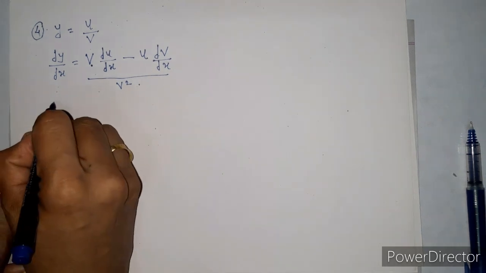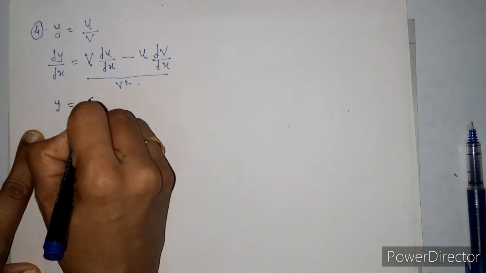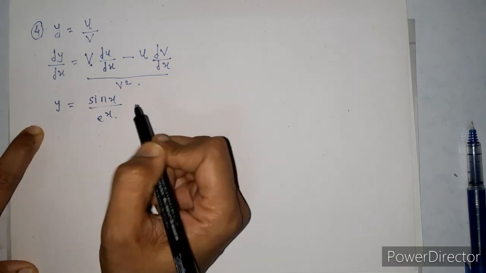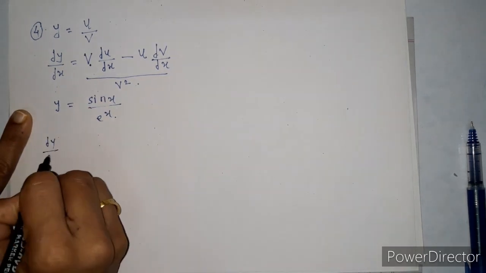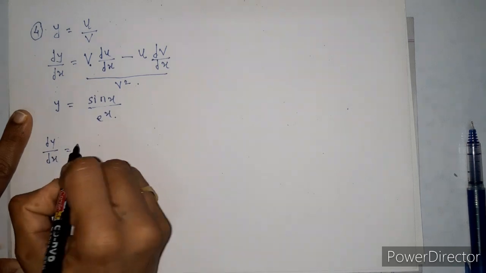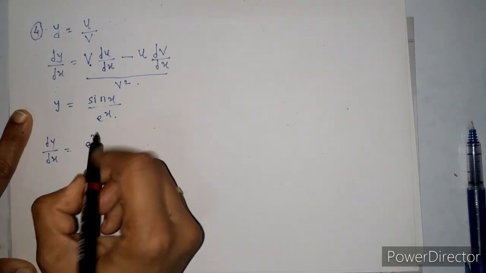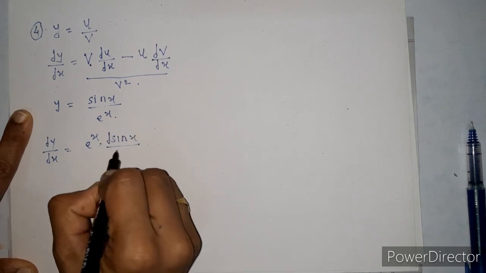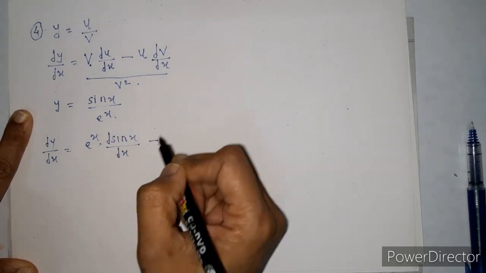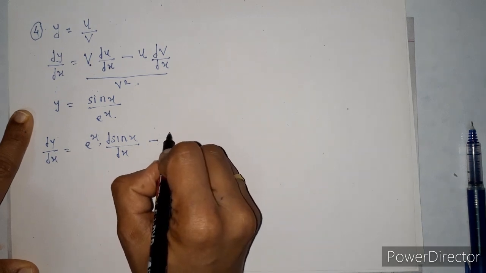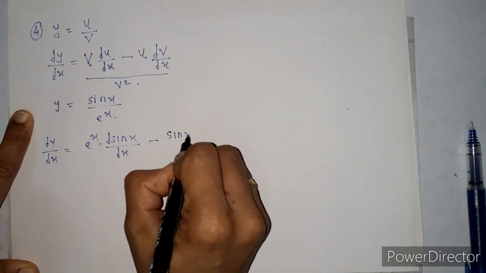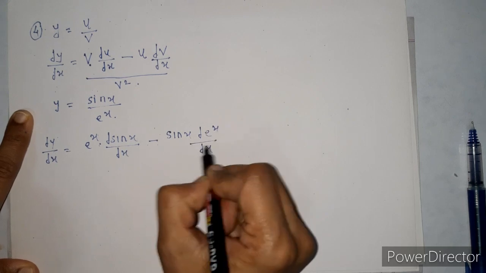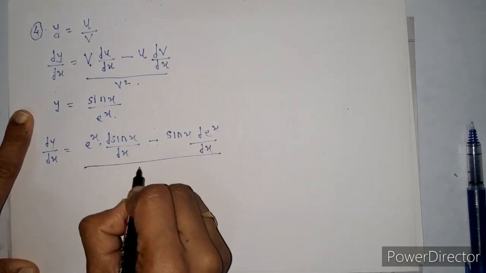Okay, that is, suppose y equal to sin x upon e raised to x, then dy by dx equal to e raised to x constant which is denominator, derivative of sin x with respect to dx, minus sin x is constant, derivative of e raised to x with respect to dx, upon v square.